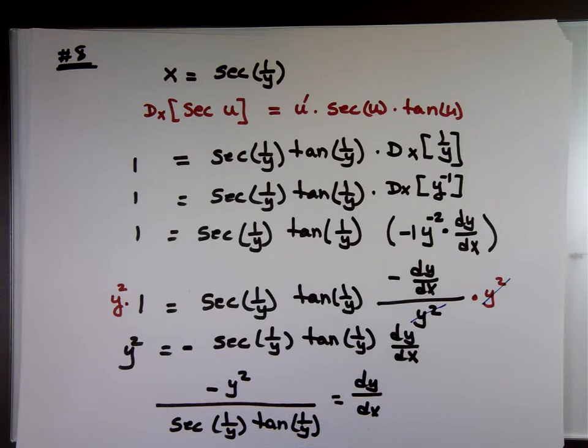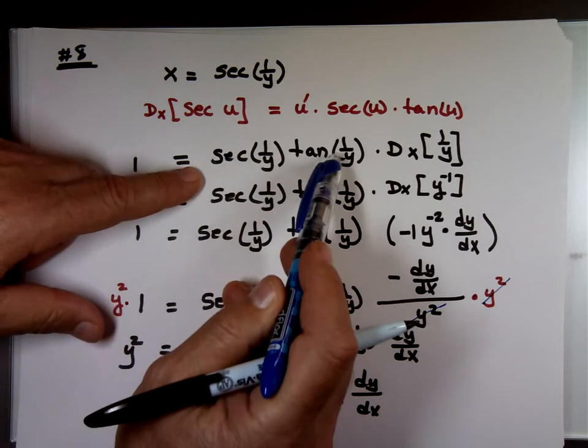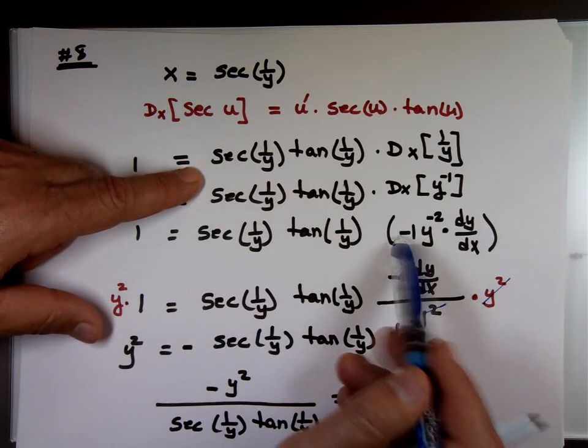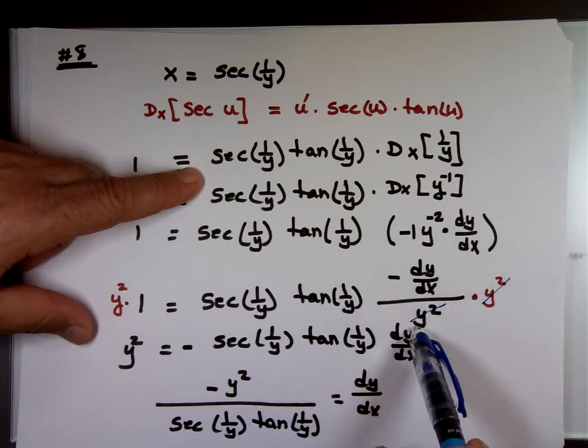The answer is actually I have multiplication, negative y squared. Instead of dividing by this, it's negative y squared times secant 1 over y tangent 1 over y. Let me just double check it. That's a 1. Derivative of secant is secant tangent times the derivative of this, which is, no, that should be division.